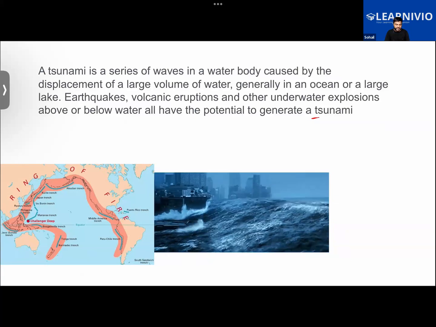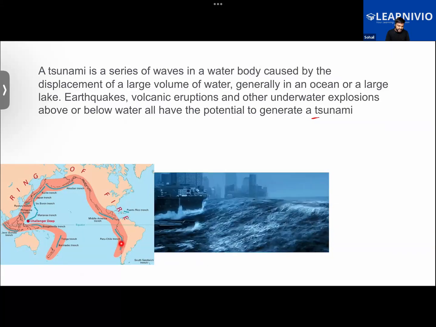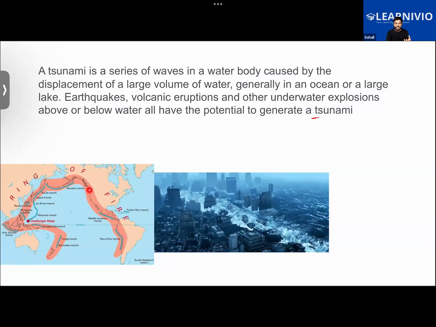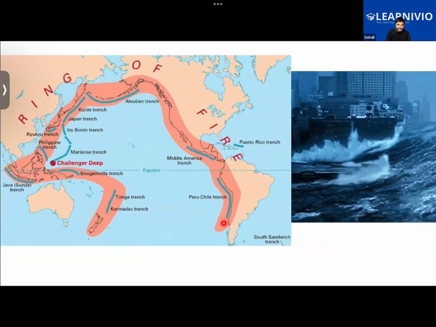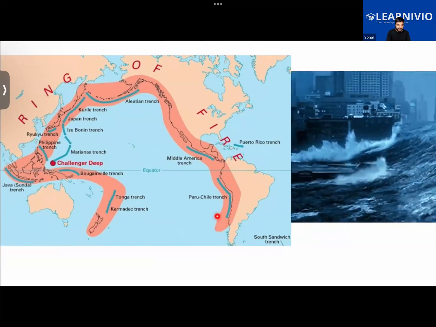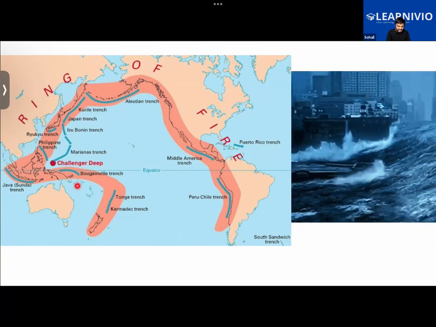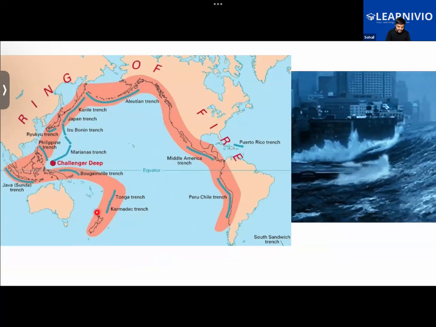Getting it now? If I were to go under the ocean and observe this area, I would see that fires are emerging out of these areas. That is called the Ring of Fire. It is surrounded by these regions here, between Australia, South America and all these regions.